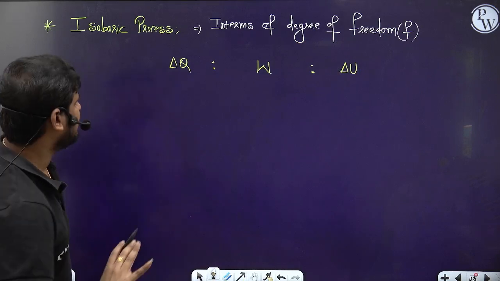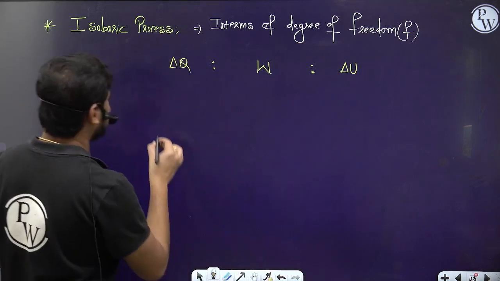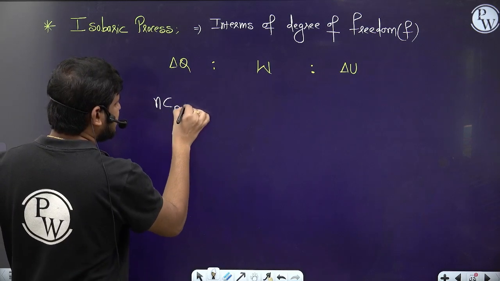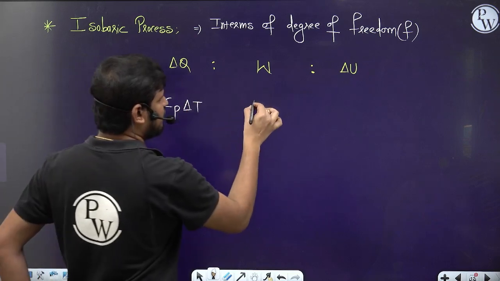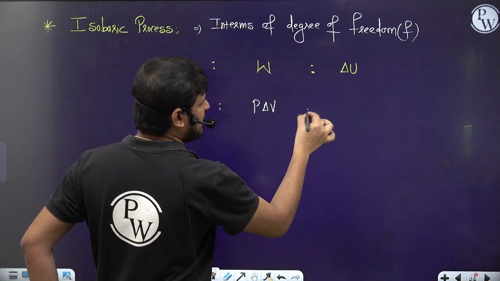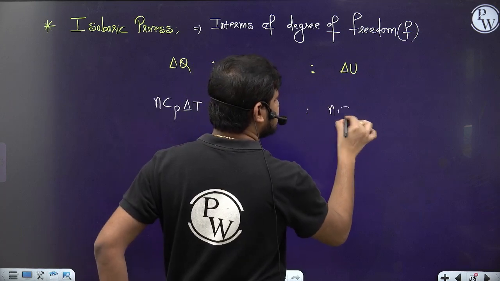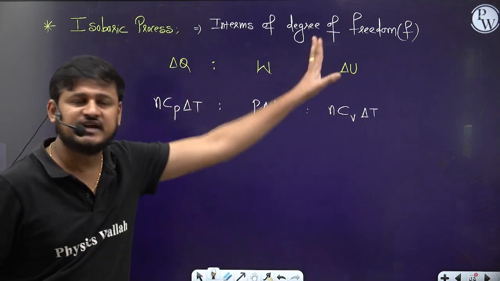Understand carefully. What is the delta Q formula? The heat in the isobaric process we are discussing is N Cp delta T. Work done is P delta V. For delta U there is only one formula, N Cv delta T. Now I need it in terms of degrees of freedom.